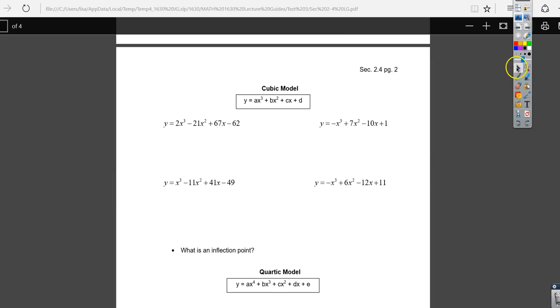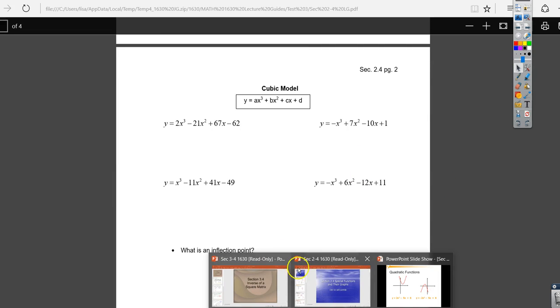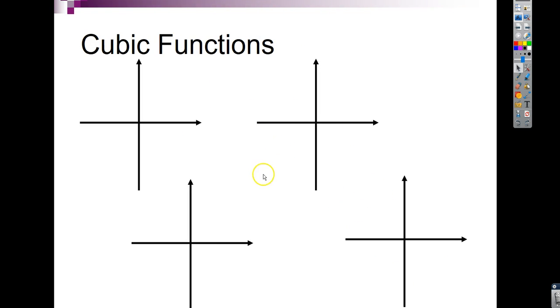So the next ones are the cubics. And a cubic function has one arm going down and one arm going up. So the next cubic function, notice that it has a negative coefficient with the x cubed, and that it has one arm up and one arm down.